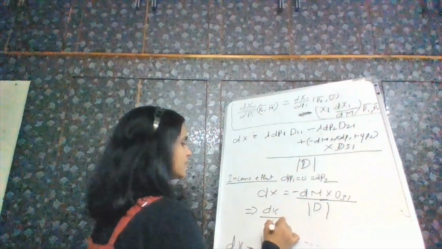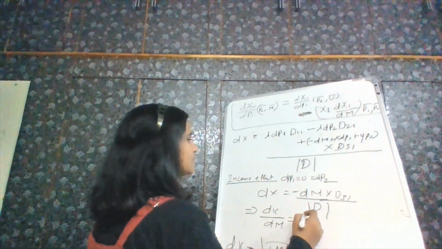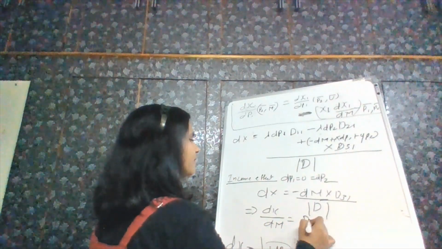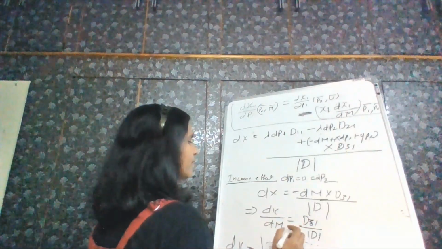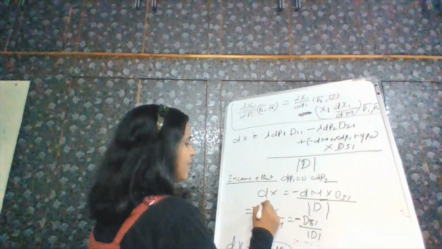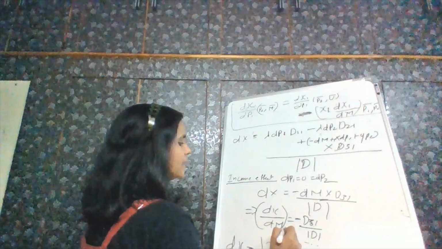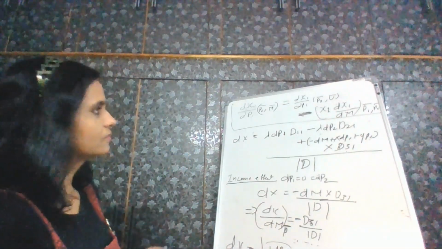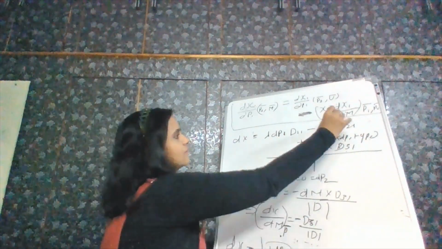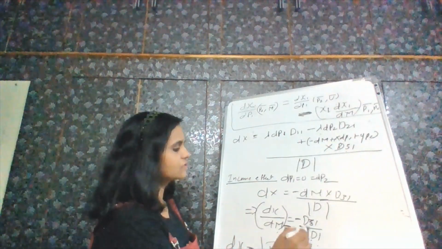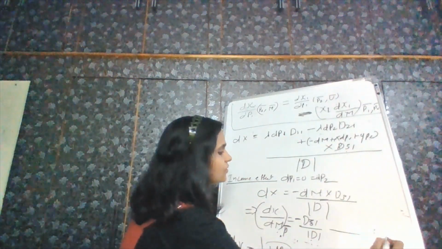If you put it here, dx by dm becomes d31 divided by d, whole determinant, minus. And this is dx by dm when your p is constant. That's the one. dx by dm when p is constant is d31. So this is your equation 1.